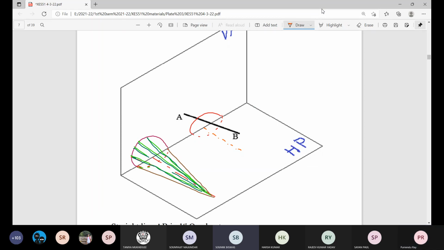Okay. So if this is end A, and these are different position of B on the base circle, B1, B2, B3, B4, etc. Then can you think about any special information in this problem?